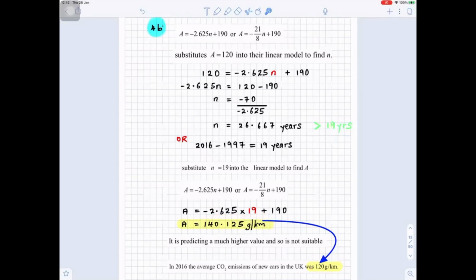It is predicting a much higher value, so it is not suitable. So in 2016, the average carbon dioxide emission of new cars in the UK was 120 grams per kilogram. But we've got here 140.125 grams. So a much higher value, so it is not suitable.